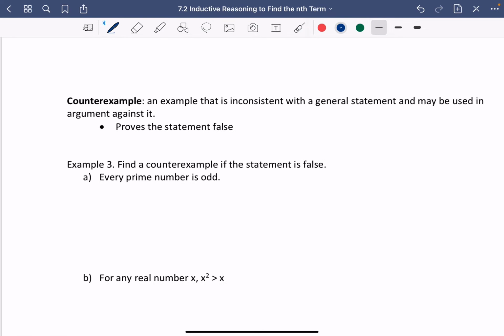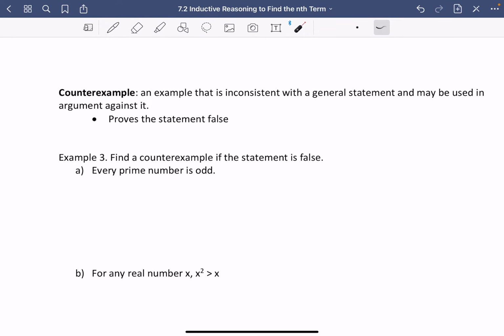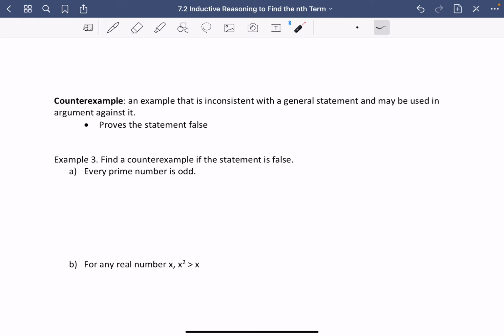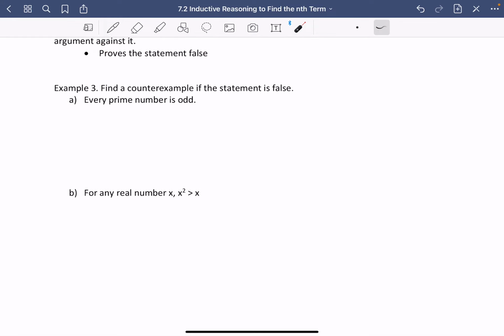Okay. So next, we're going to go over the counterexamples. So a counterexample is an example that is inconsistent with a general statement and may be used in argument against it. So counterexamples will prove the statement false. Okay, so here's an example.